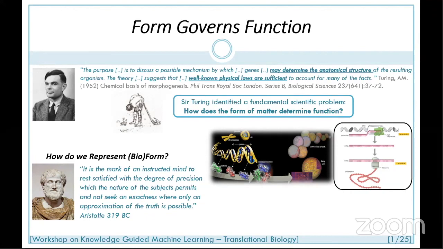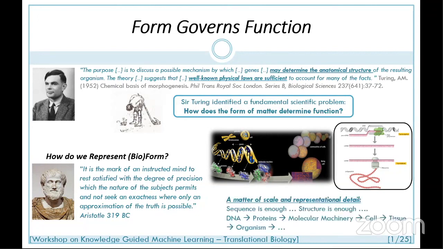Unfortunately, another giant of science, Aristotle, is not that much help, because he basically says to work with an approximation of the truth if representing all the level of detail in form is computationally infeasible, and that is almost certainly the case in biology.